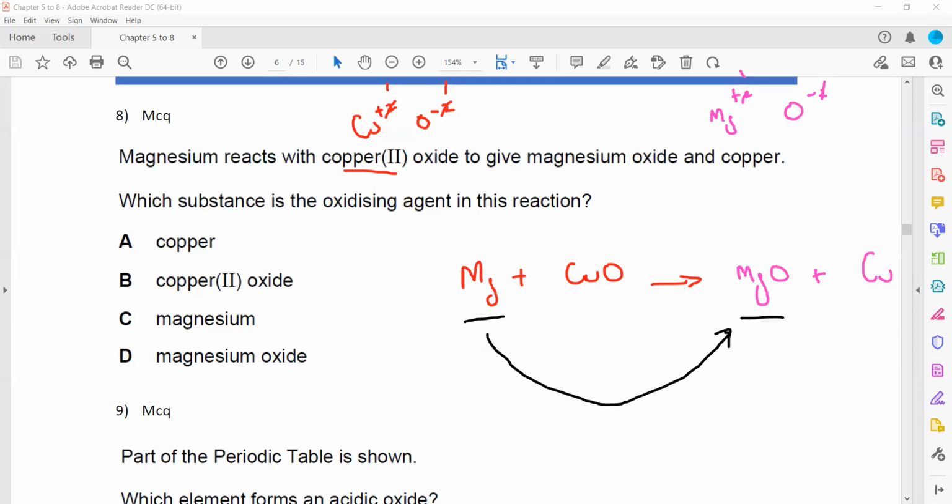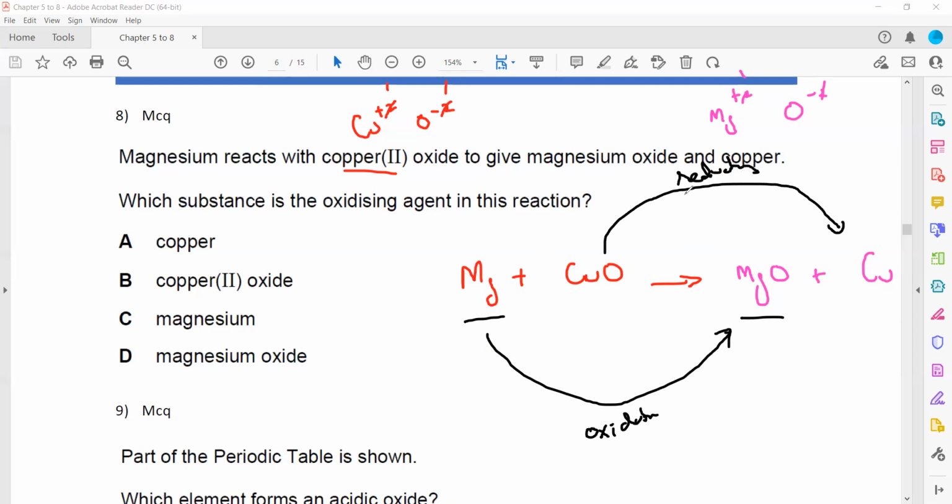This change is known as oxidation, because the term oxidation means addition of oxygen. And the other change, copper oxide turned into copper metal, so removal of oxygen, so this change is reduction.